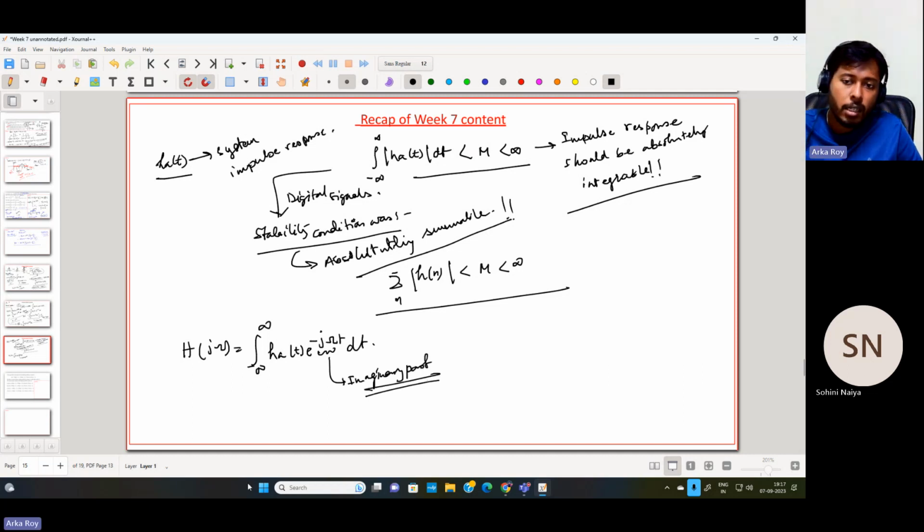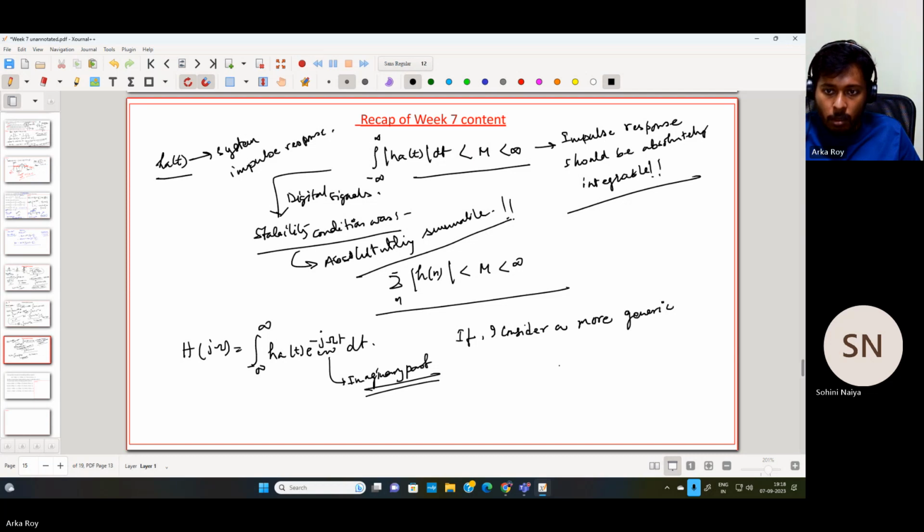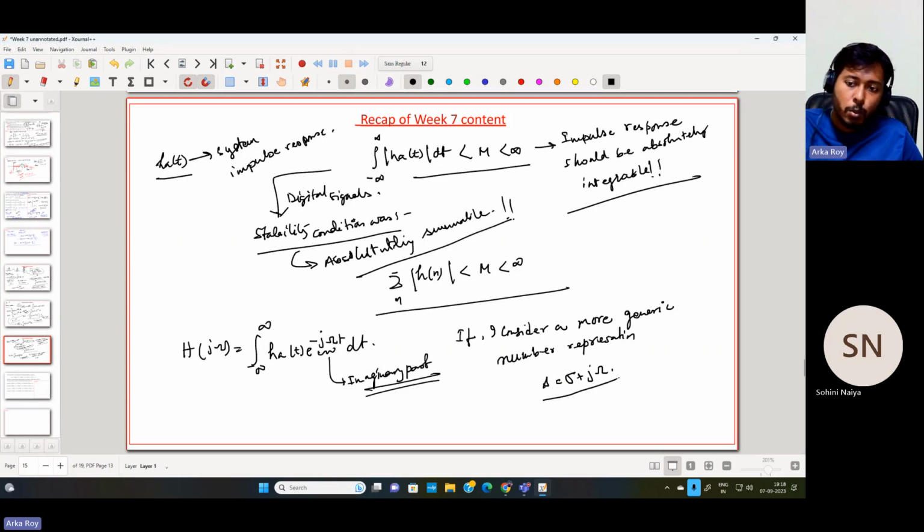So instead of considering only an imaginary part, if I consider a more generic number representation, which I will denote with s, and which comprises sigma plus j omega, so sigma plus j omega contains the real part as well as the imaginary part.